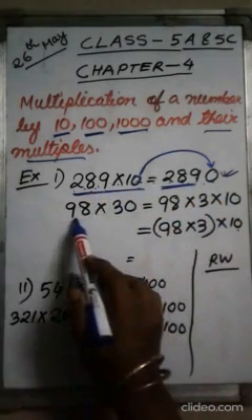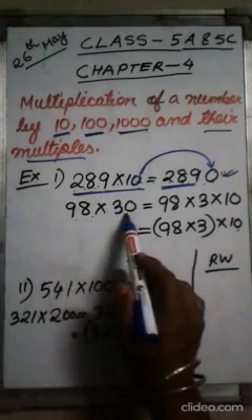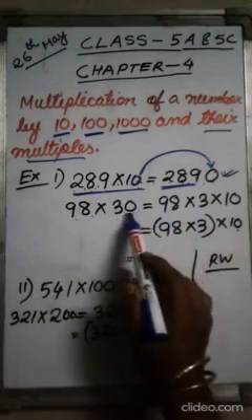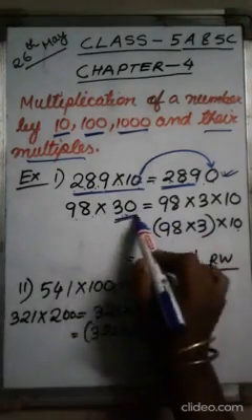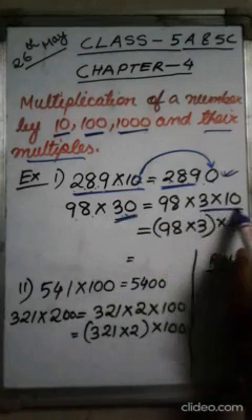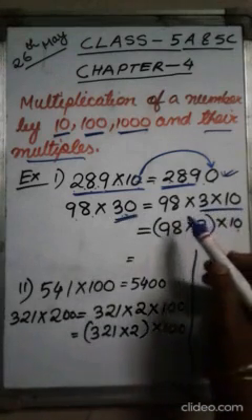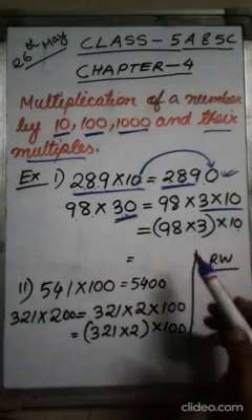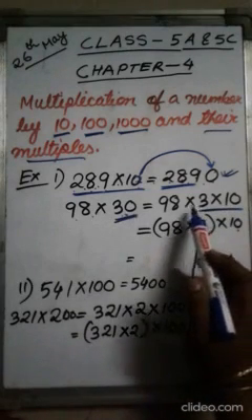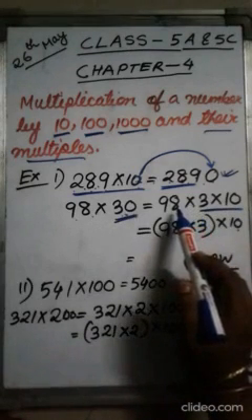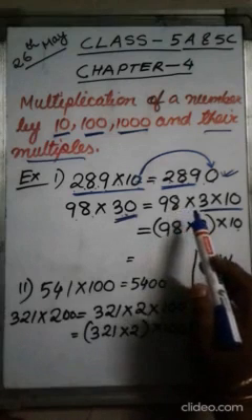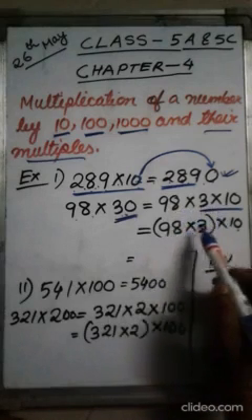If I have 98 into 30, this 30 I can write as 3 into 10. So you have seen in the properties, we can write the numbers in different orders.